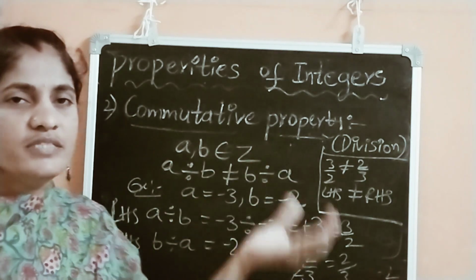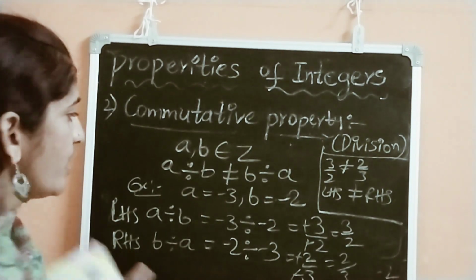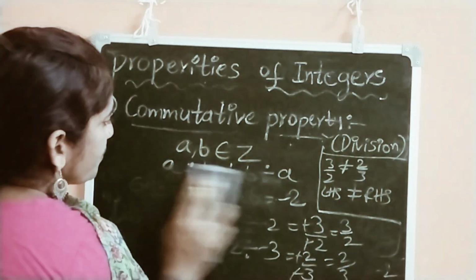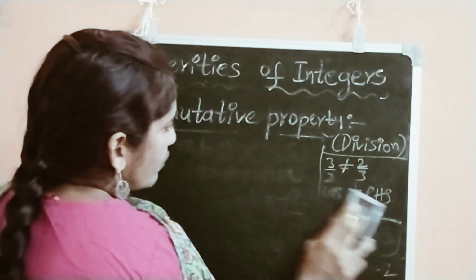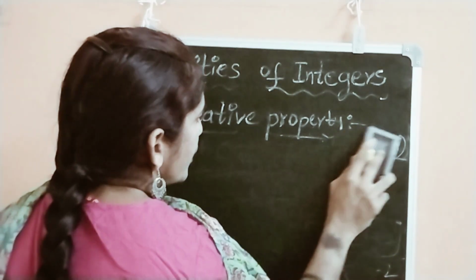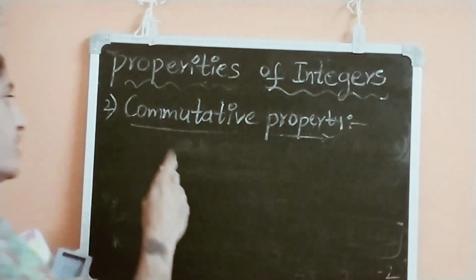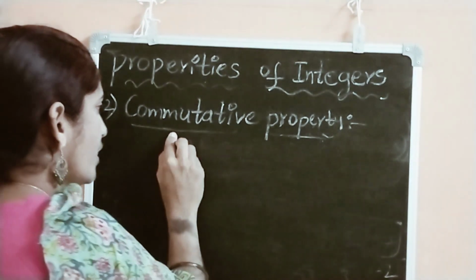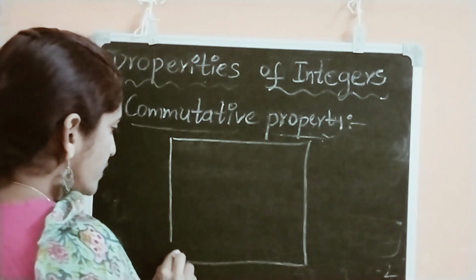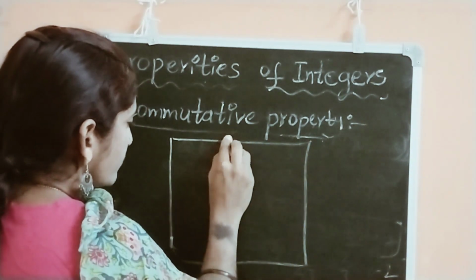So by this we can generalize the commutative property under addition, subtraction, multiplication, division. So tell me now, commutative property under addition, subtraction, multiplication, division, possible or not.